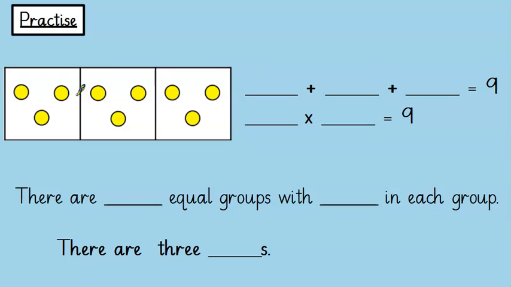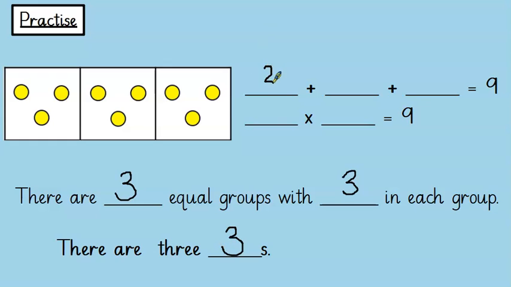So here, how many groups have I got? 1, 2, 3. There are 3 equal groups. With how many in each group? 3. Read that with me. There are 3 equal groups with 3 in each group. There are 3 3s. That's right, there are 3 3s.